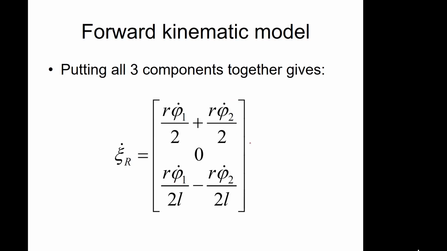So combining them all together, the speed of the robot is given by the x velocity, x dot, our y velocity, y dot, and our angular velocity, omega, which we're classing as theta dot. So our x dot, y dot, theta dot is given by our three terms here.